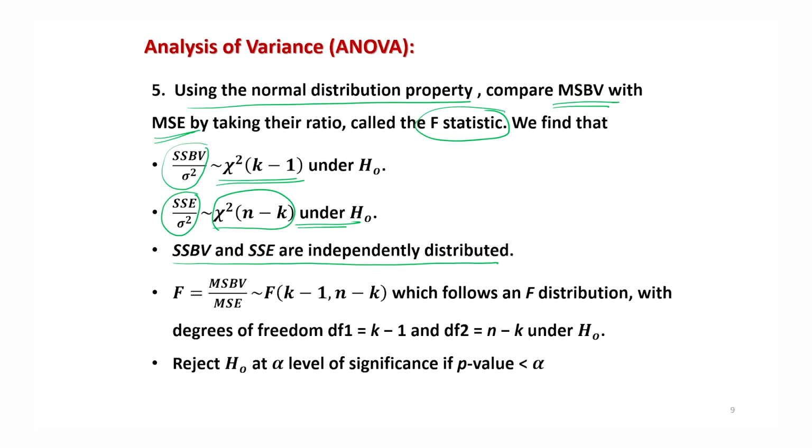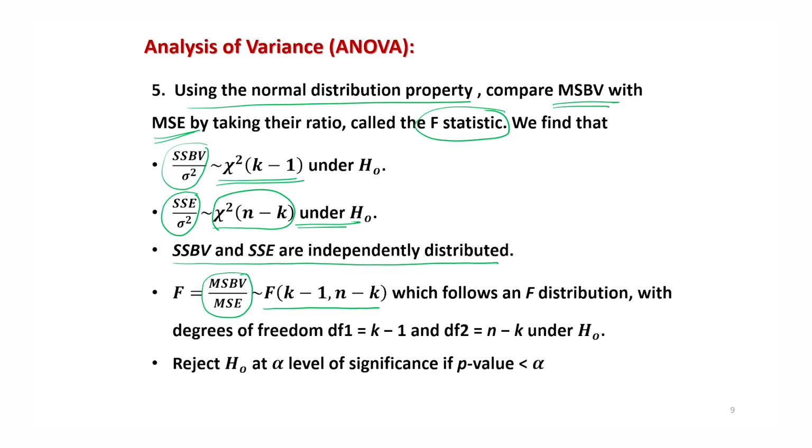Now we take the ratio of this MSBV and MSE, that is the sum of squares divided by their respective degrees of freedom, and this statistic will follow an F distribution with k minus 1 and n minus k degrees of freedom under H naught.